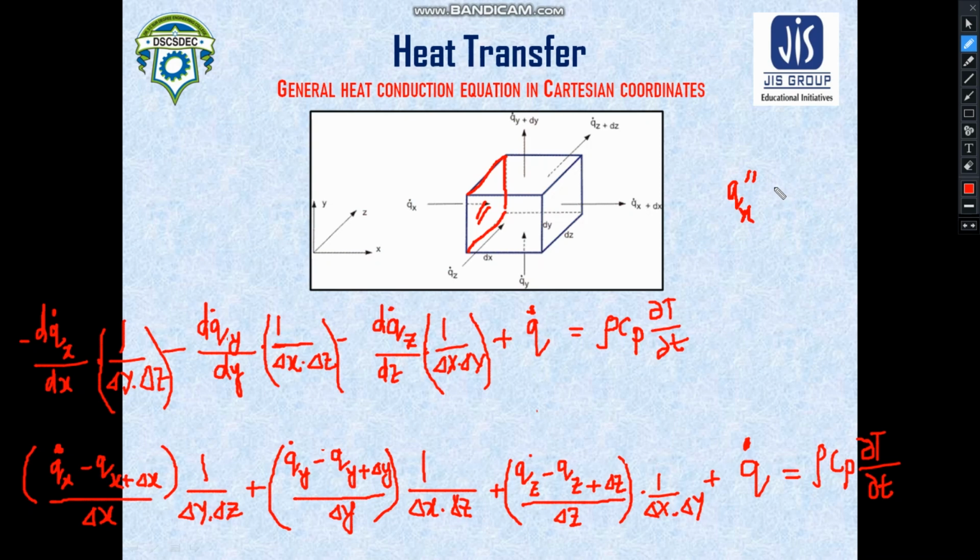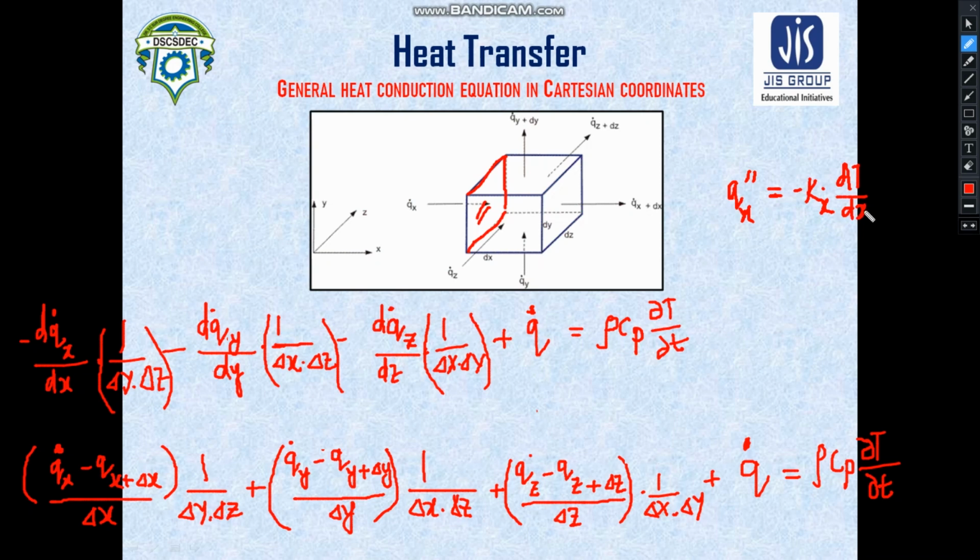This is the rate of heat transfer with respect to the area normal to the direction of heat transfer. According to Fourier's law, this is denoted as minus kx dT/dx.